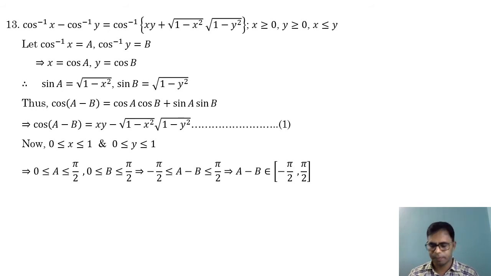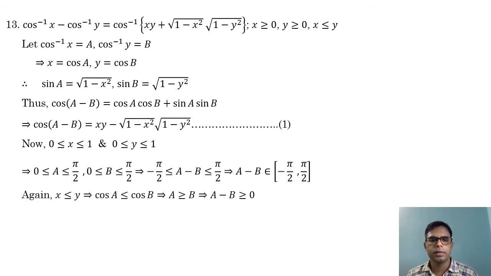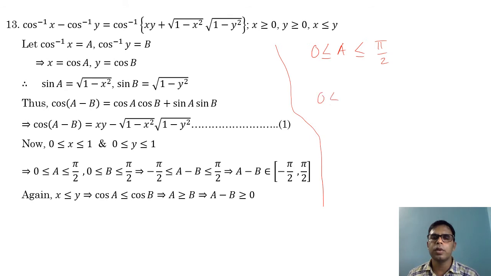You see here. Already I told you that the value of a is from 0 to pi by 2, and the value of b is also from 0 to pi by 2.